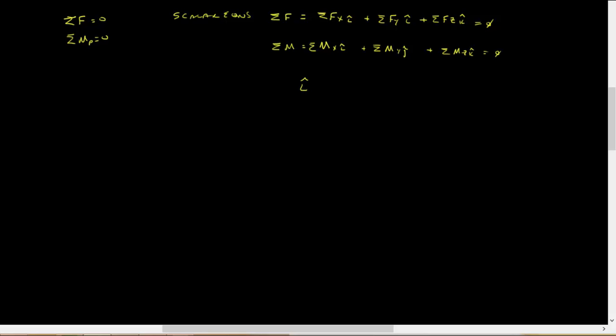So you note that i, j, and k are all independent of each other.